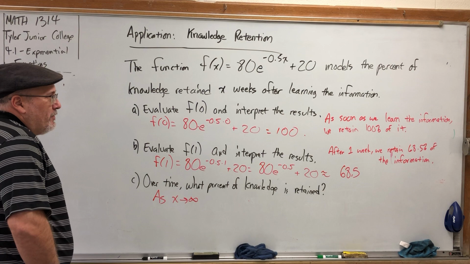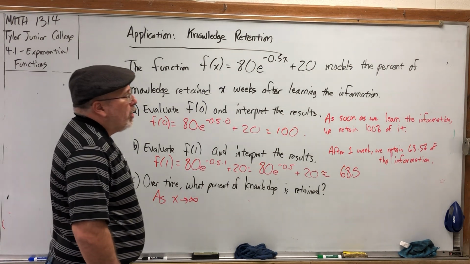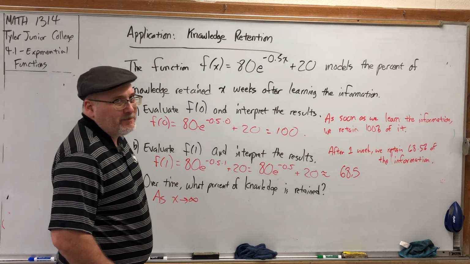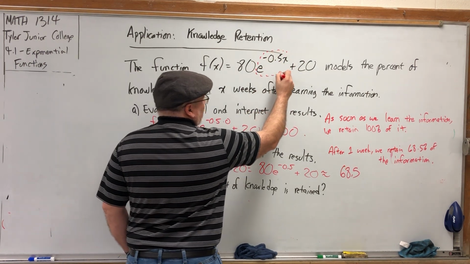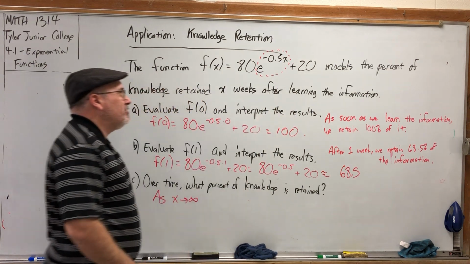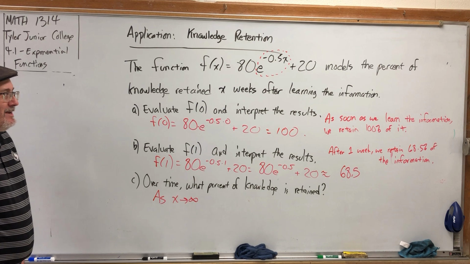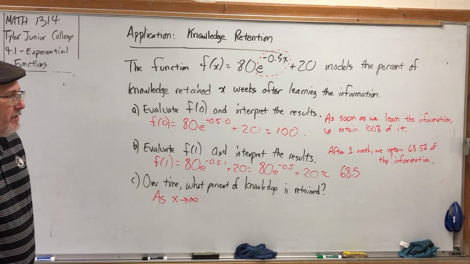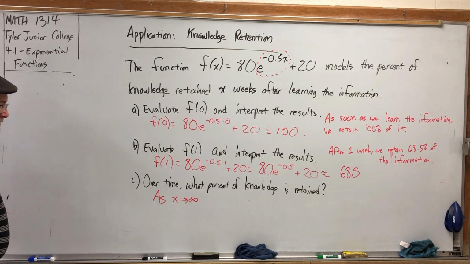So we're being asked what happens as x approaches infinity. And by the way, this is a very theoretical question. But if we want to answer it, let's think about the part of the function that the x is most intimately connected with, which would be this e to the negative 0.5x. Can you tell me something about that function's graph? Well, the base is e, which is greater than 1, but it's e to a negative power, which means that we're doing exponential decay.